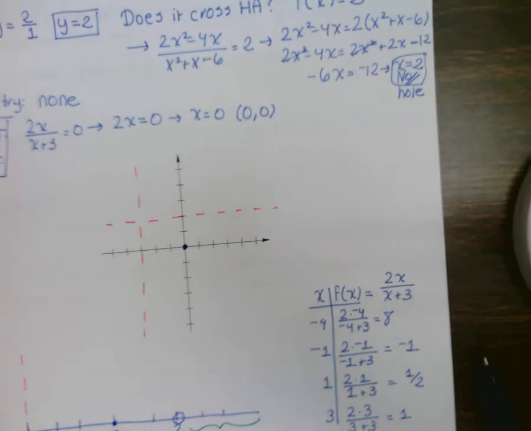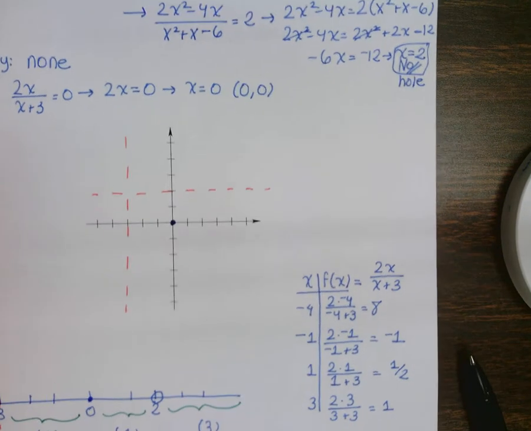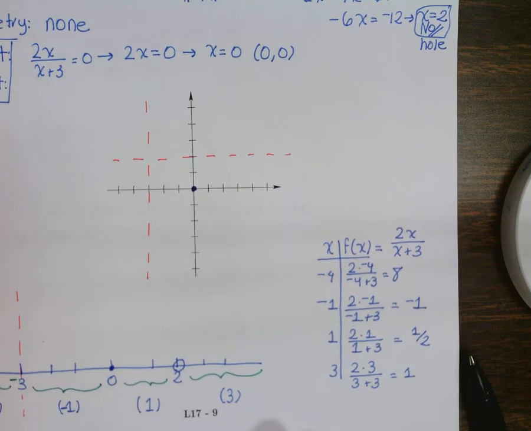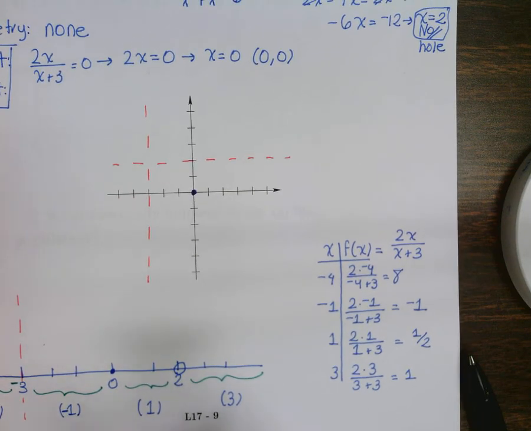It is both, and in general, if the origin is the x-intercept, it will also be the y-intercept. It's so nice when it's in focus, but when it gets out, it's a pain. Okay, so now let's look at some function values.